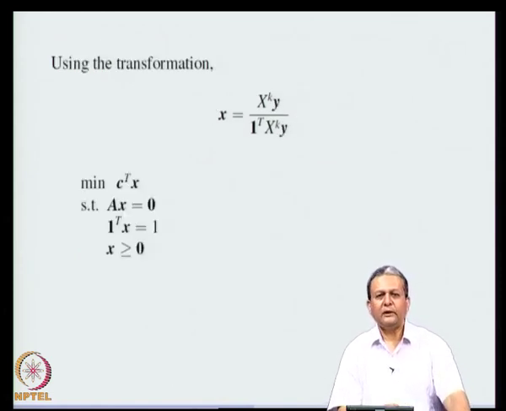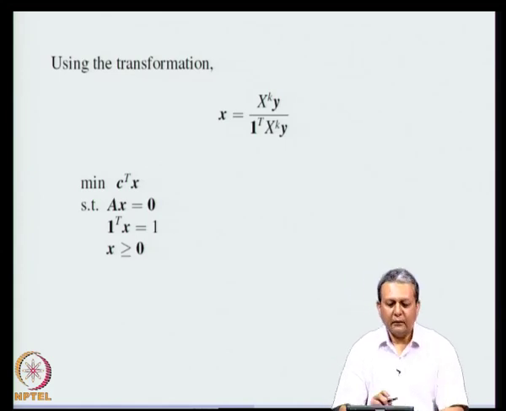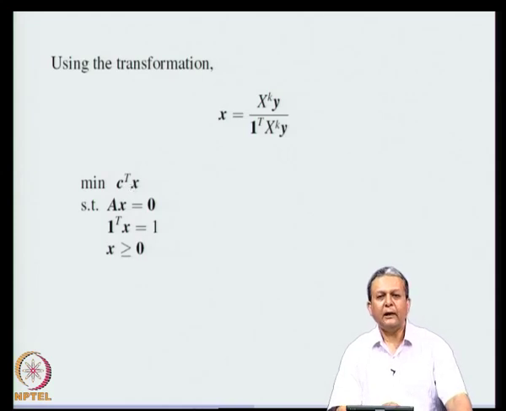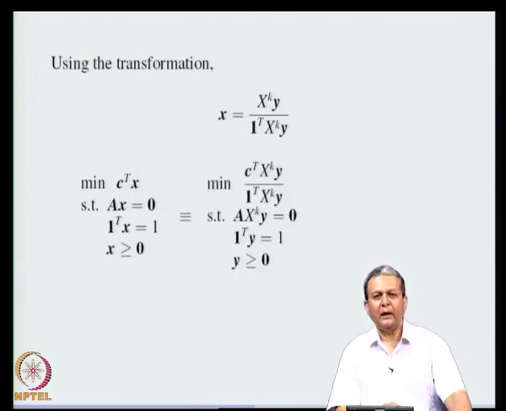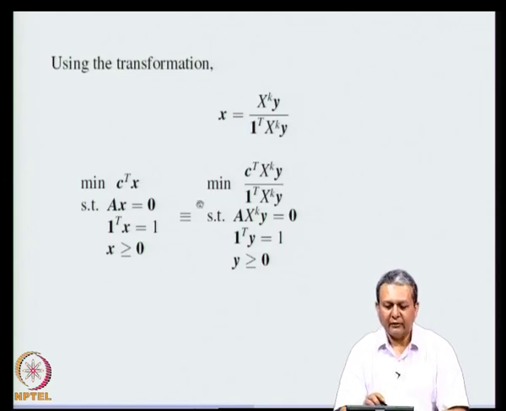Now, if you use this transformation, then the original linear program, which was in homogeneous form, we substitute x as xk y by 1 transpose xk y in this homogeneous linear program. So, we get a program in y space, and that program would look like this, where x is replaced by xk y by 1 transpose xk y.